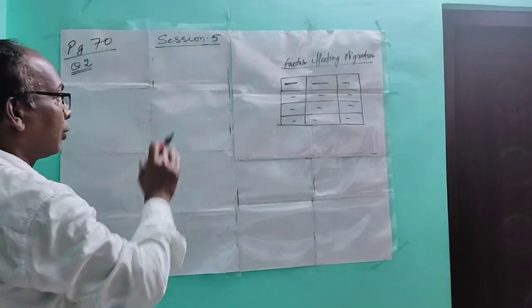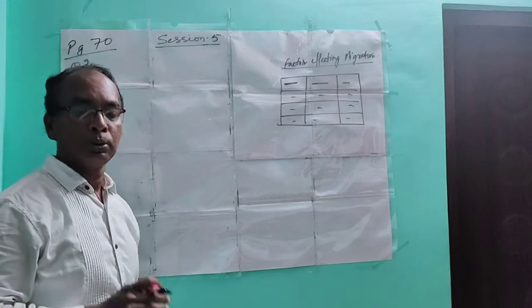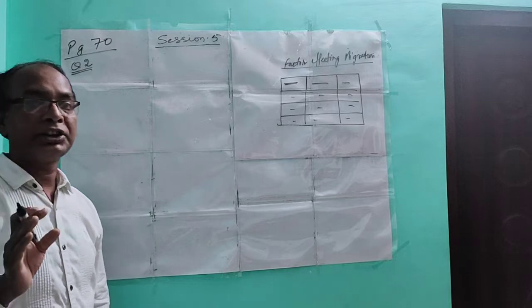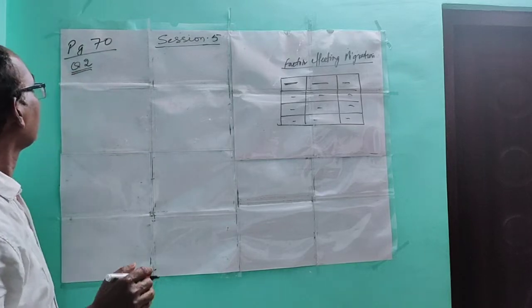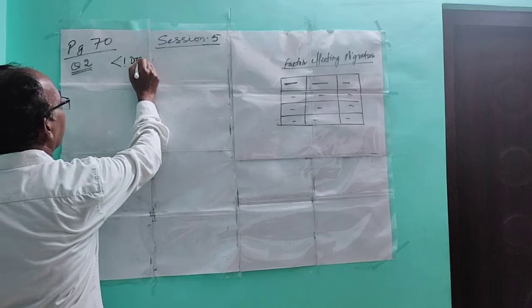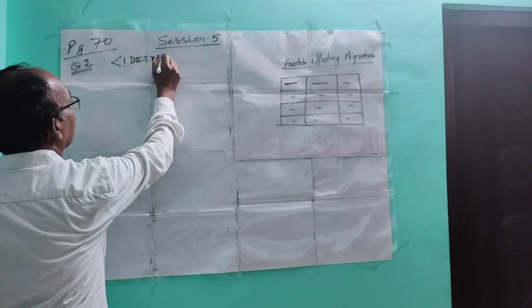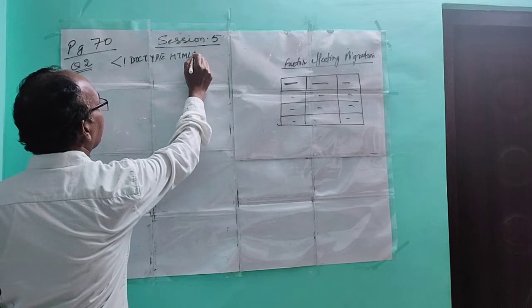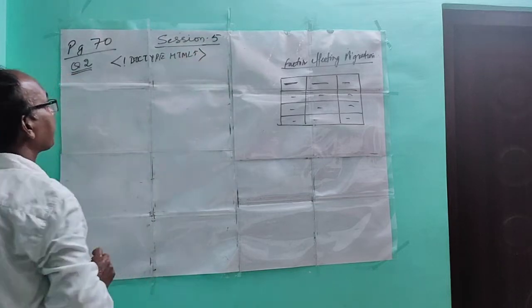Okay. So to draw this output, we have to go for the programs. That means that is HTML code. Okay. So the first tag is doctype HTML.